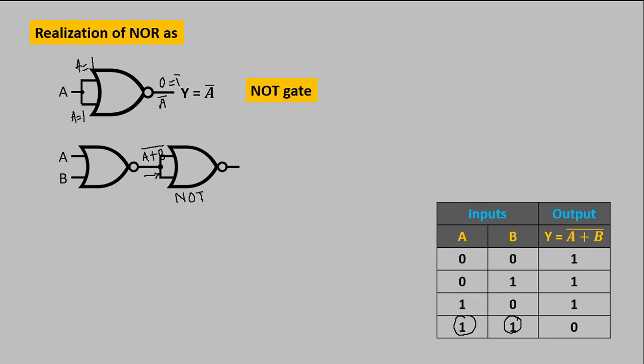So if complement of A plus B is present at the input of the NOT gate, then the output will be complement of complement of A plus B. And two complements if applied on the same number, then the output will obviously be A plus B alone, because these two complements are going to cancel each other. So therefore the output will be simply an OR gate. So this diagram tells you how NOR gate can be used to construct the logic of an OR gate, right?